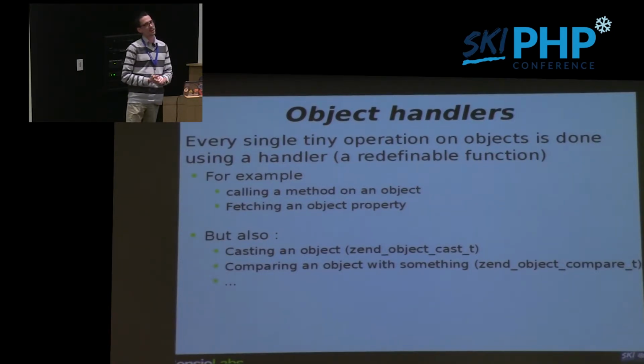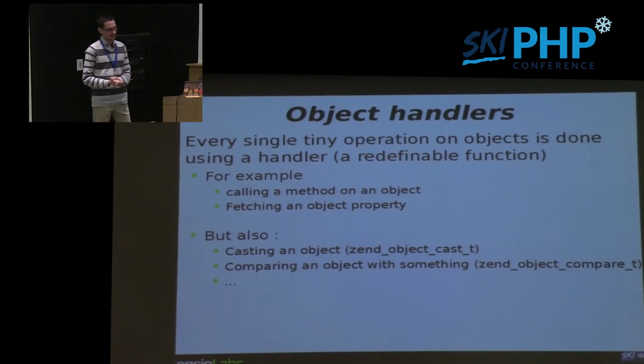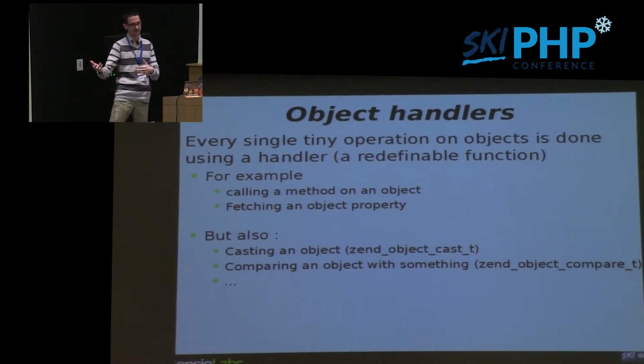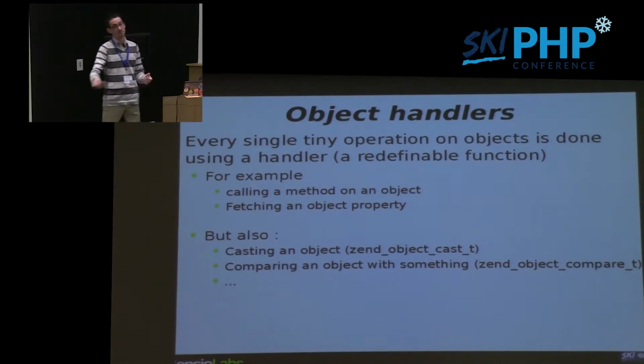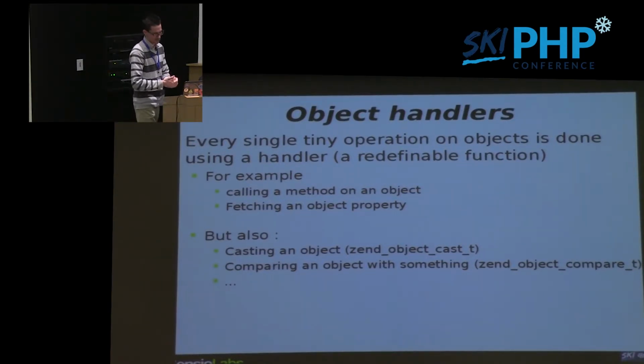Casting an object can be redefined, comparing an object can be redefined, and lots of things which have been asked for by PHP users can actually be done internally, but cannot be done from PHP land, unfortunately, because the compiler does not allow it. Take comparing objects, for example.